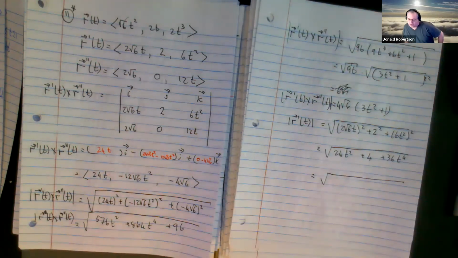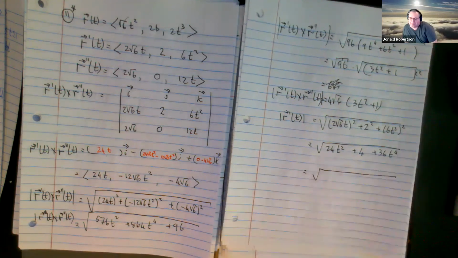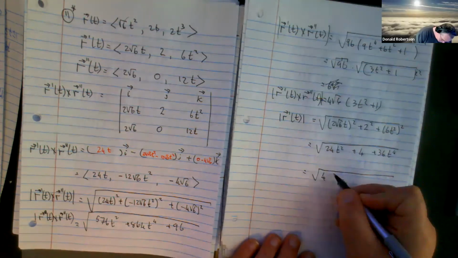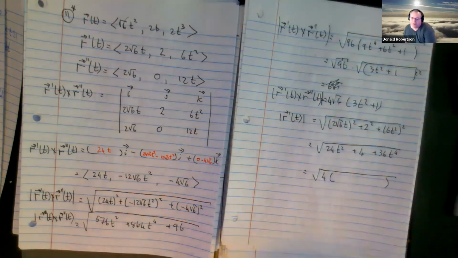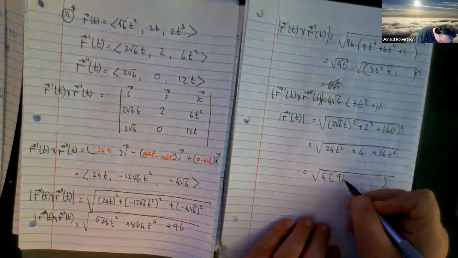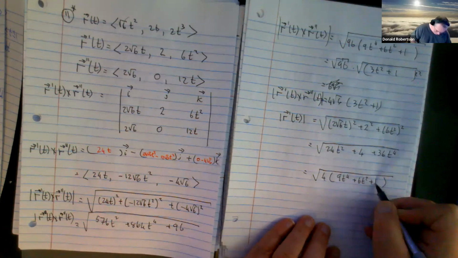Any suggestions what I might do to this expression to get a nicer style point answer? You might want to pull out a 4. Would you also suggest I put them in order of biggest power to smallest? So when I do that, I get 9t to the 4, 6t squared, and plus 1.